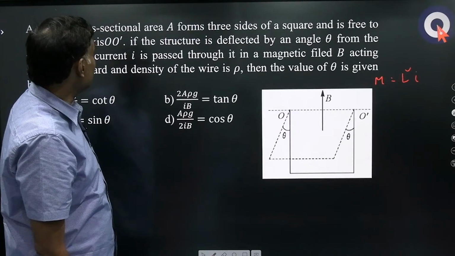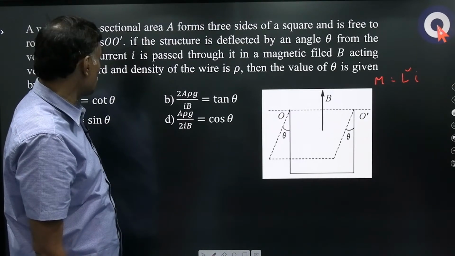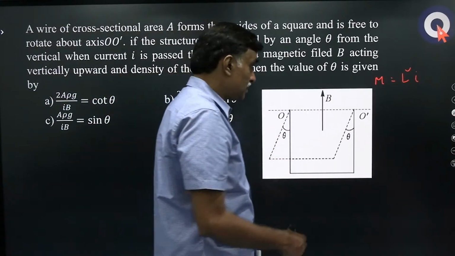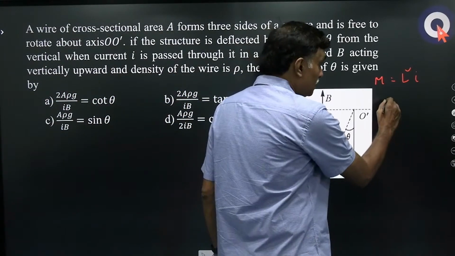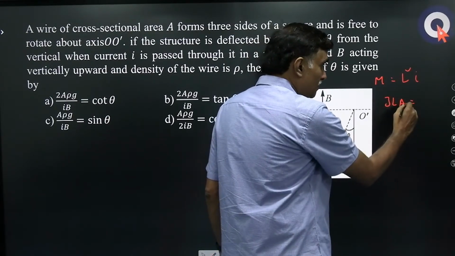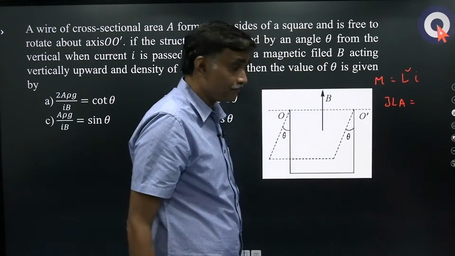Wire of cross sectional area A, they have given, okay. 3 sides of a square and is free to rotate about O prime, okay. What is the length? L. Then 3 sides they have given. Then 3 into L into A is the total volume, okay.